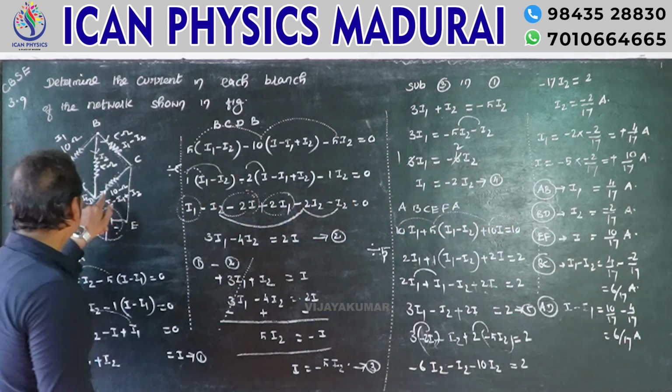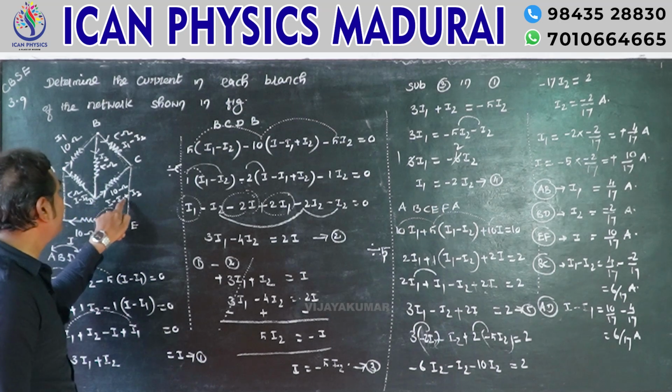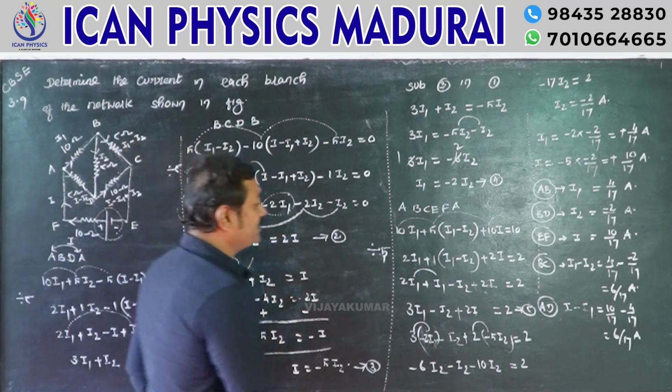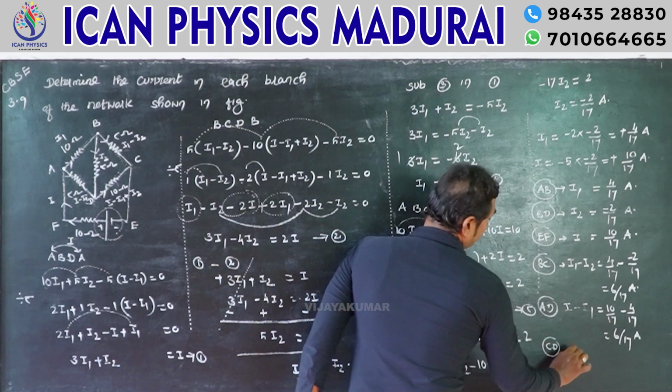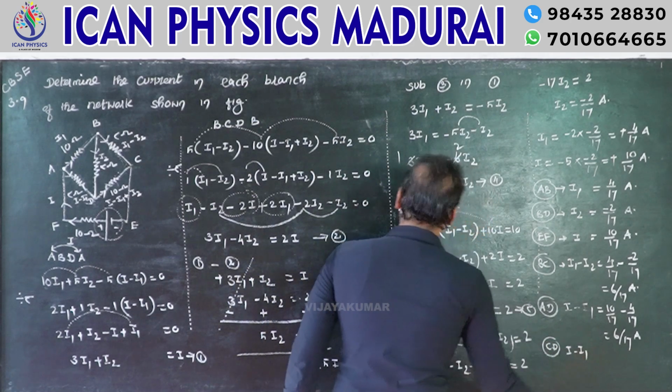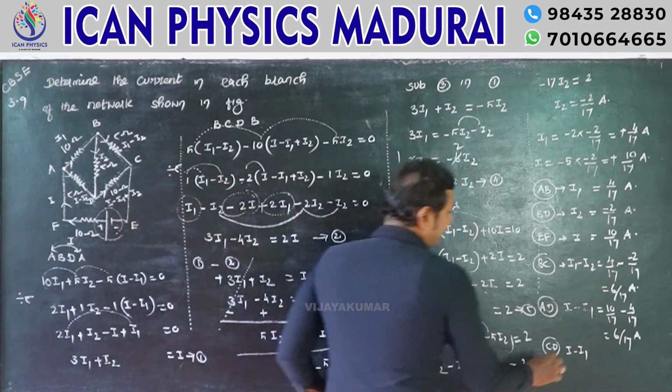Then finally we can go to C to D. I minus I1 plus I2. So C to D, that is I minus I1 plus I2.